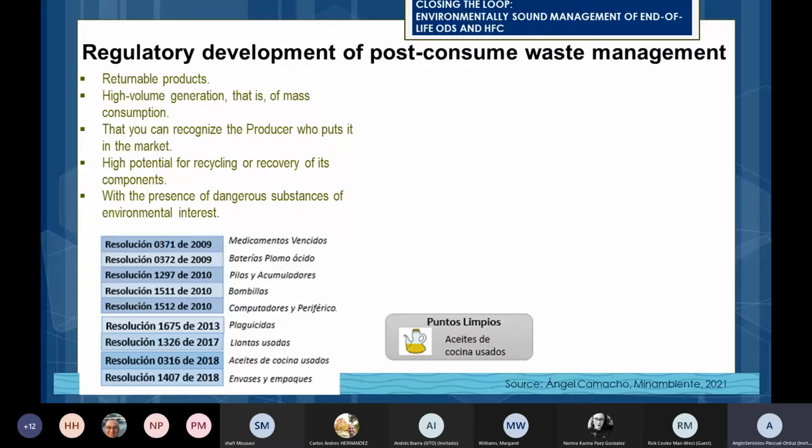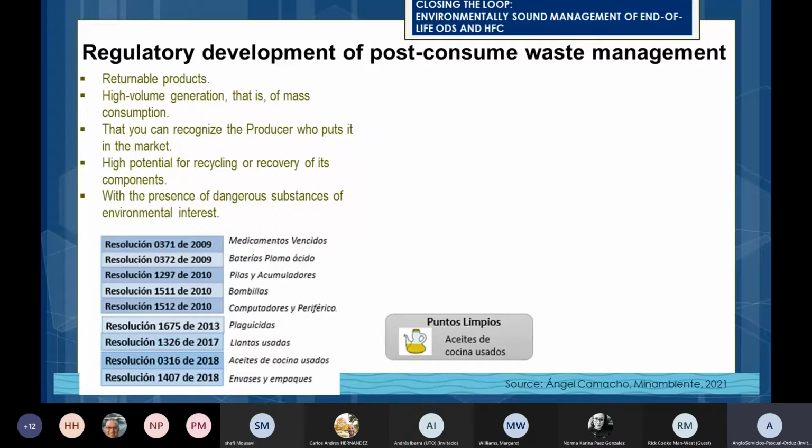Based on the points I've made regarding the regulatory framework, as well as the political framework in Colombia for the management of hazardous waste and also for WEEE, we've been observing an important development on the management of these final products, especially based on EPR, the extended producer responsibility.